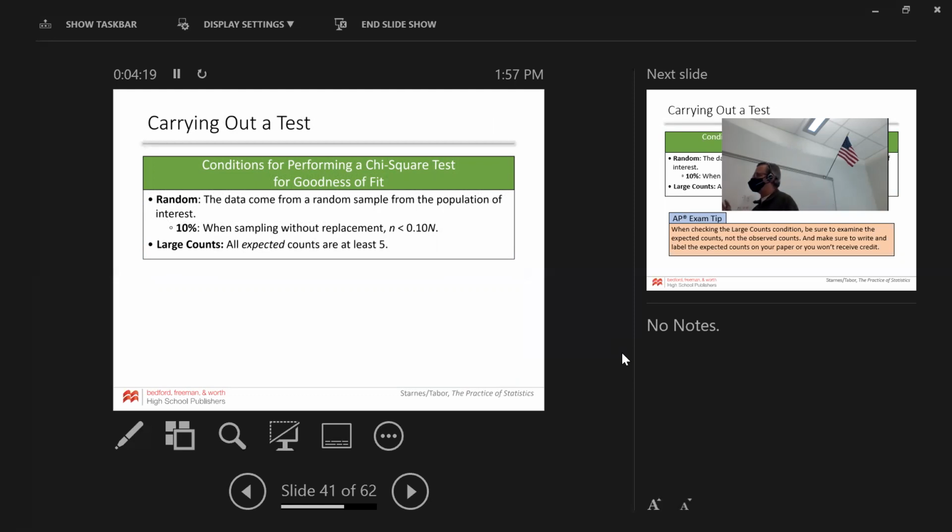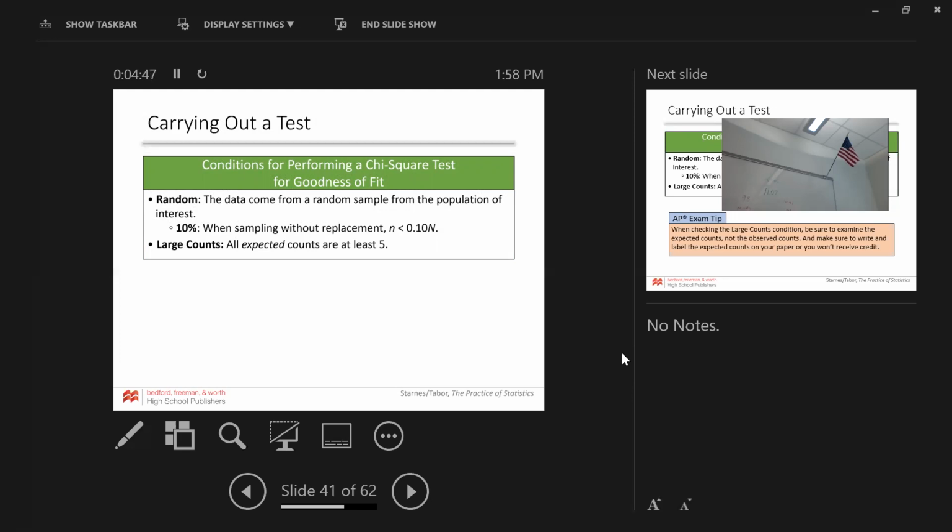So, conditions. SRS. The sample is less than 10% of the population. This one changes. The expected counts are greater than 5. Now, here's the trick question on the SAT, on the AP test. They give you a problem where one of the observed counts is less than 5. That's got nothing to do with the condition. The condition's on expected counts.